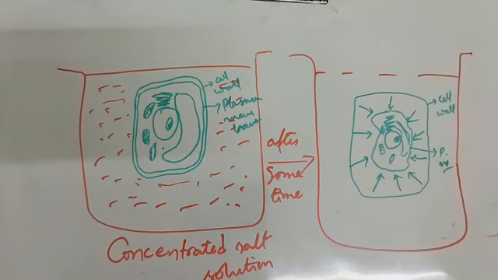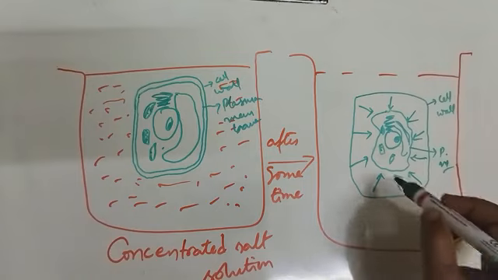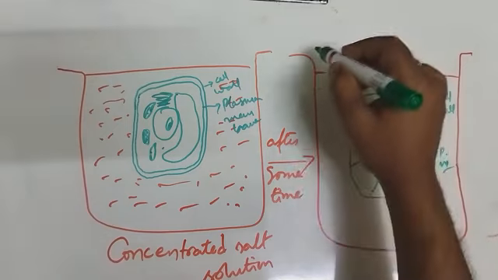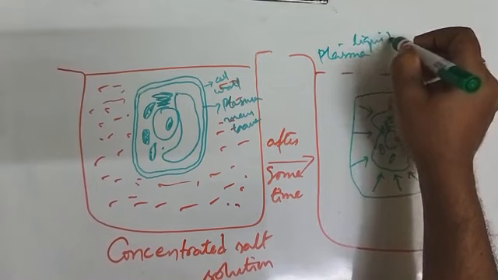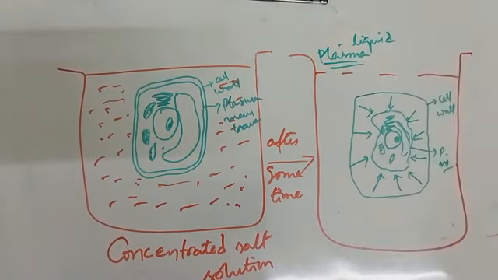Inside this cell, most of the cellular contents are filled with water. The liquid portion of the cell is called plasma. When the cell loses the plasma, the cellular contents surrounded by the plasma membrane will shrink.